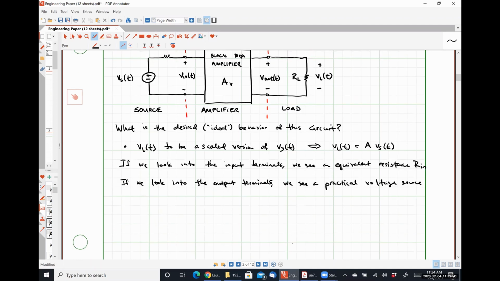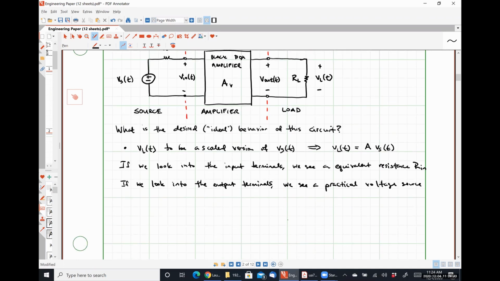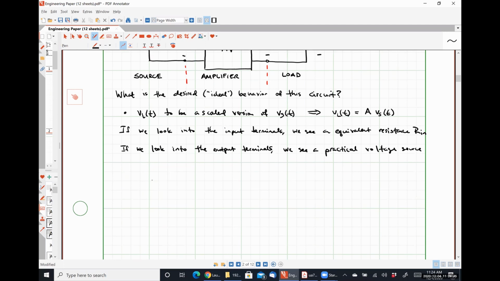So I'm going to redraw my amplifier circuit. We're no longer going to treat it strictly as a black box. I probably need to make this a little bit bigger.